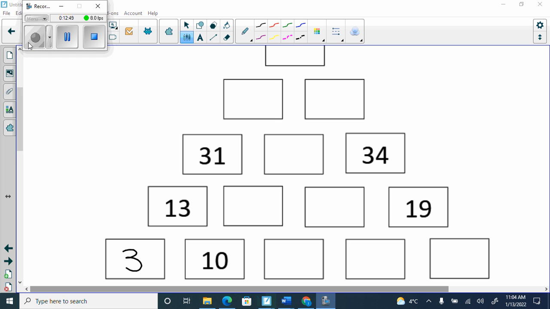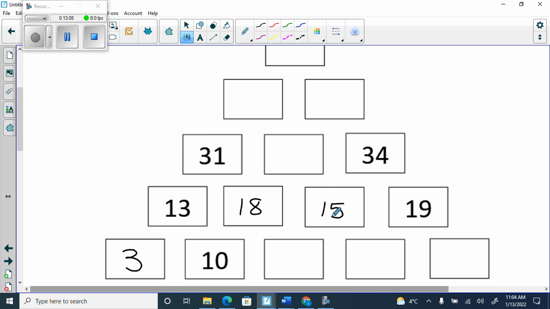Try and figure it out. What can we do? Anything else we can do? Try 13 to 31. What do we get? 18. And what can we do? 19 from 34 to get 15. Sure.